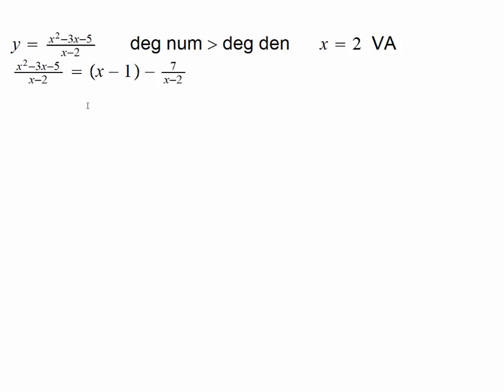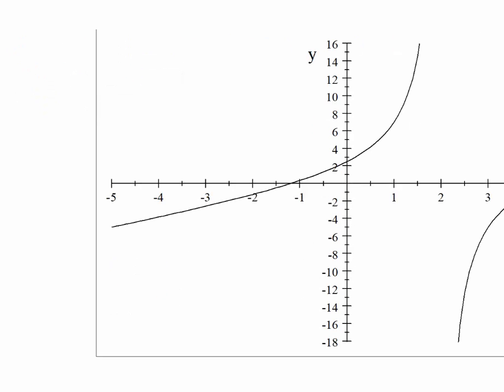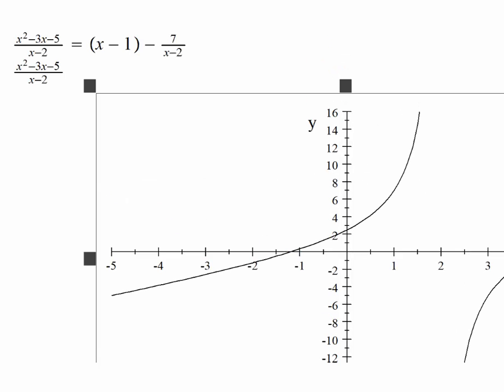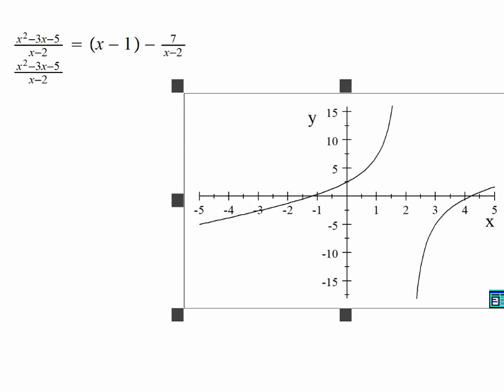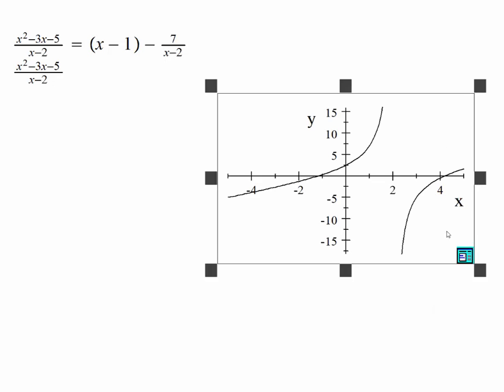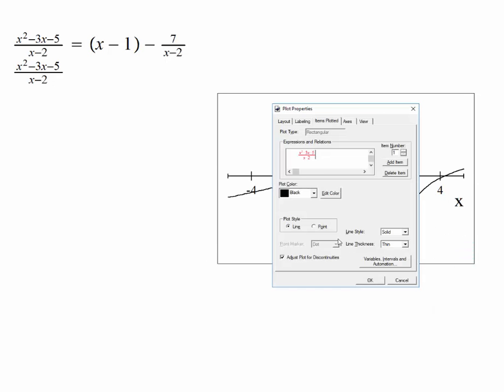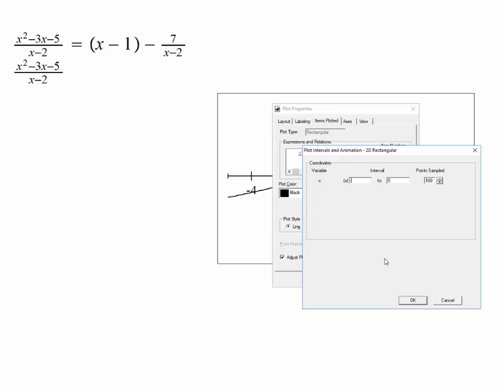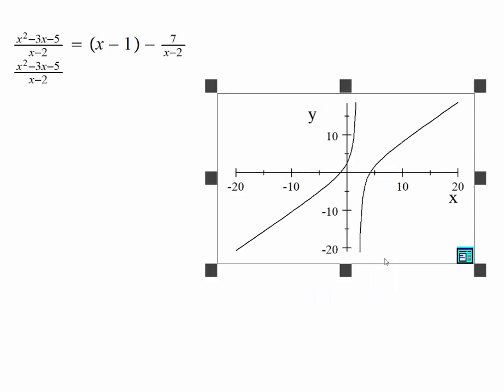Okay, this is our graph, and we have a vertical asymptote at x equals 2.